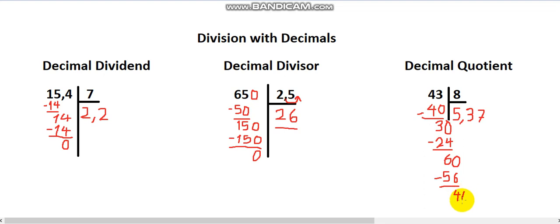Again, I have another remainder, so again I put a 0 at the end, and I say, how many times does 8 go into 40? 8 goes into 40 5 times.